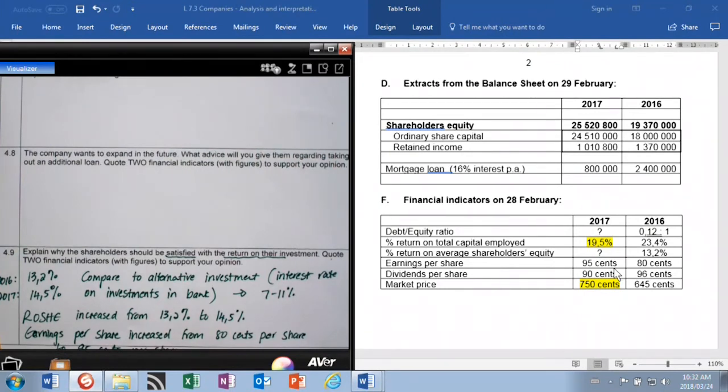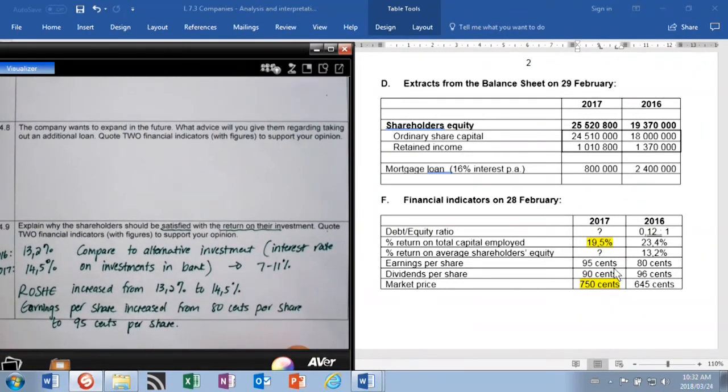So in this case, you were forced to give a positive thing there. You cannot compare it with the investments, because that was not the question. They say that they are satisfied. You must just quote figures why they are satisfied.